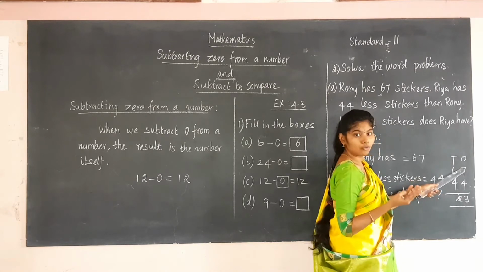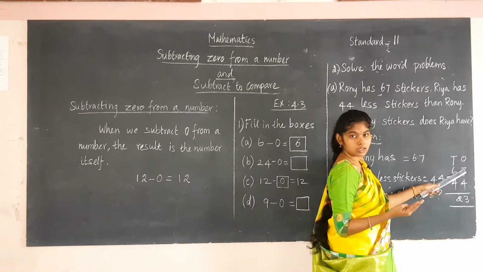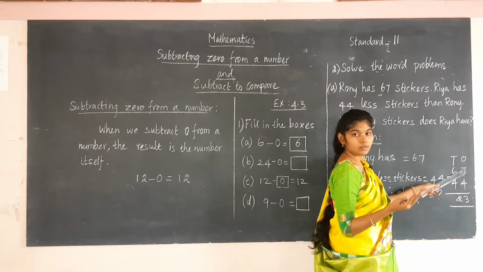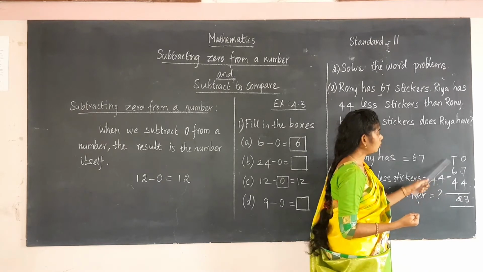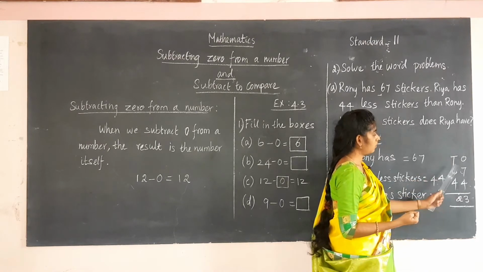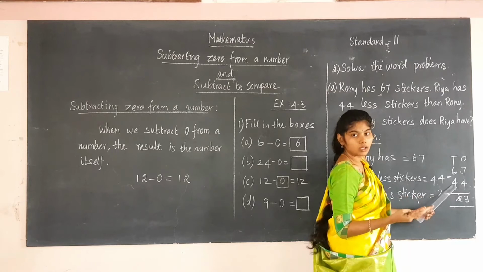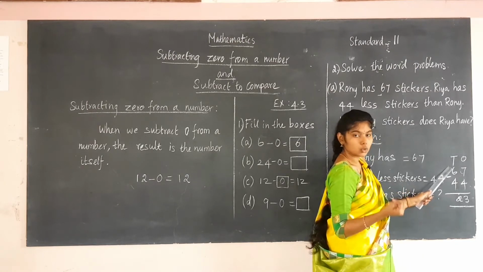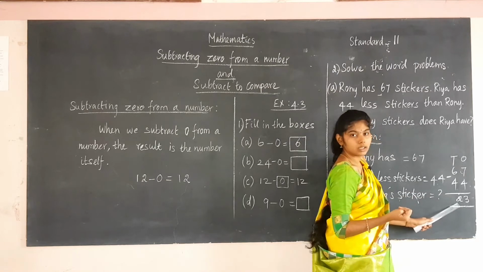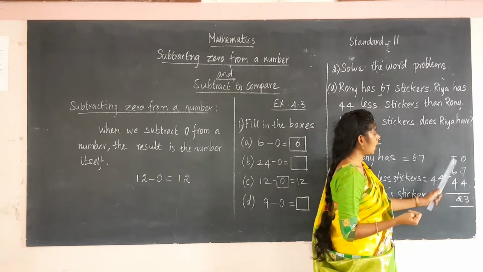Before 7 is 6, 5, 4, 3. So you have written 3 in the ones place, and then you subtract in the tens place. 6 in the mind and 4 on the fingers. Before 6 is 5, 4, 3, 2. So write 2 in the tens place. So this is the thing that you have to subtract.